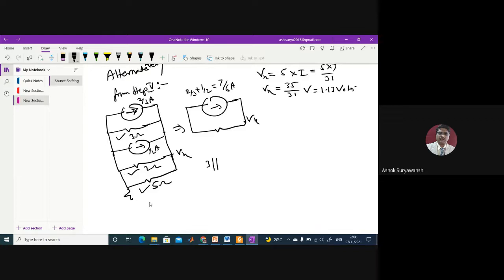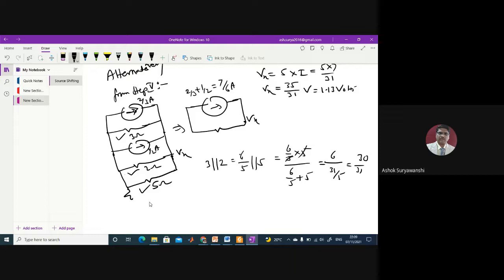Let me show the value of this parallel combination. 3 parallel to 2 first is what? 3 times 2 is 6, divided by 5. Parallel to that, 5. So it comes to be 6 by 5 into 5 divided by 6 by 5 plus 5. This 5 will get cancelled. It is 6, and this is 25 plus 6 by 5, that is 31 by 5.